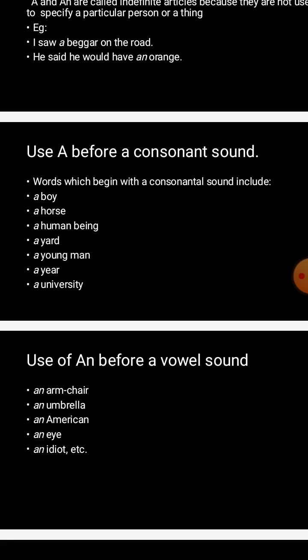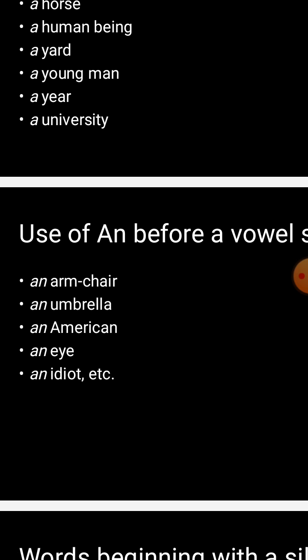For example, here, this is very clear cut. An armchair, an armchair. You hear the sound A. An umbrella. Now here, though it begins with the letter U, the sound that you hear is A. An umbrella. An American.